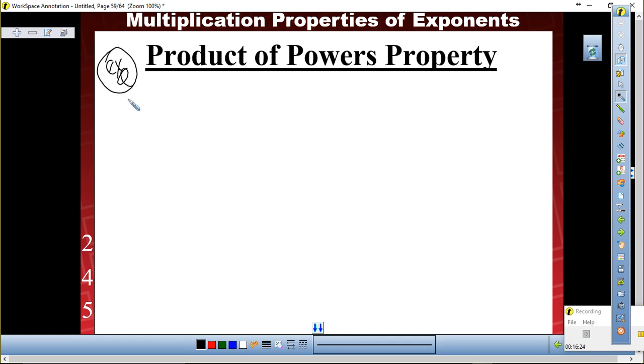Writing utensils down, eyes up here. So I'm going to first write what we're going to use, and then I'll use the property so you can see how it goes to work. Yes? Okay, writing utensils down. Here it goes.